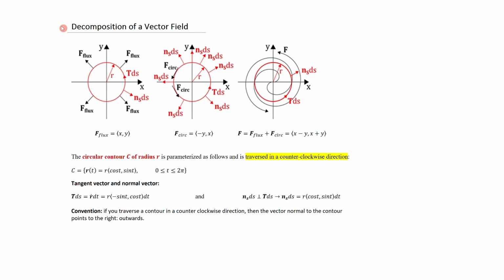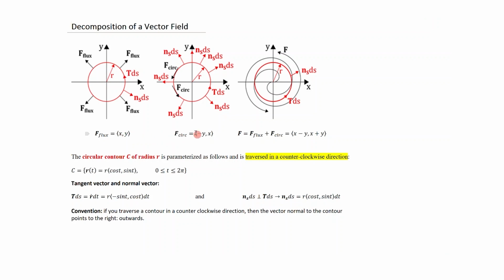And we're going to start with a very simple field. Always start with linear fields because we can do lots of things with linear fields in terms of developing intuition. So we have these two fields. This first field we'll call a flux field, and this is a radial field, x, y. We discussed this earlier in one of the preceding lectures. Then we have another field which we're going to call a circulation field, which has this form, and this would mean that the field forms closed loops.